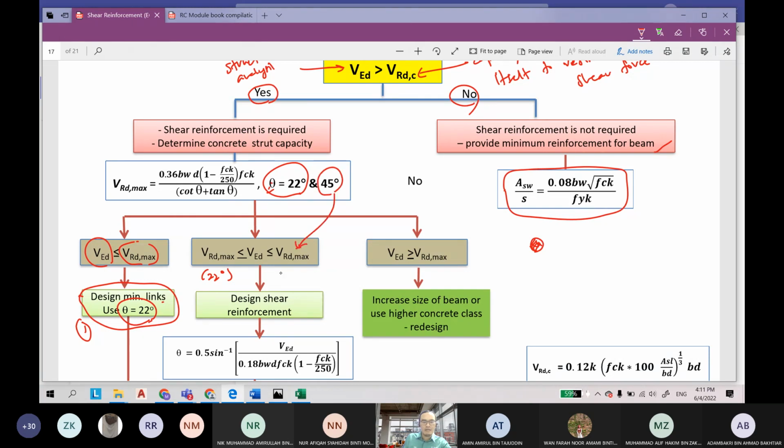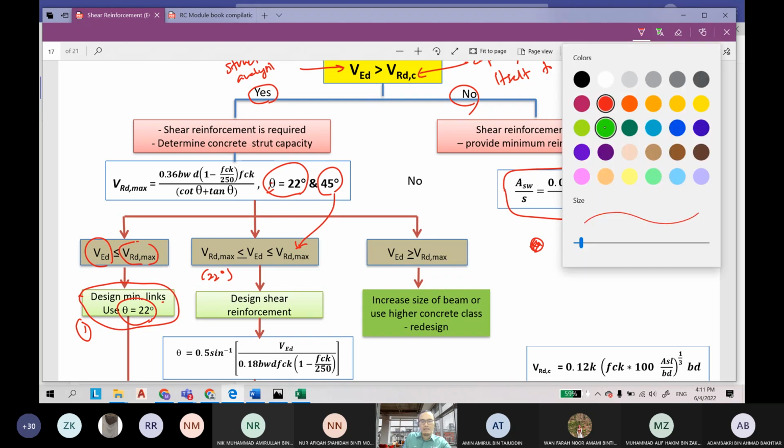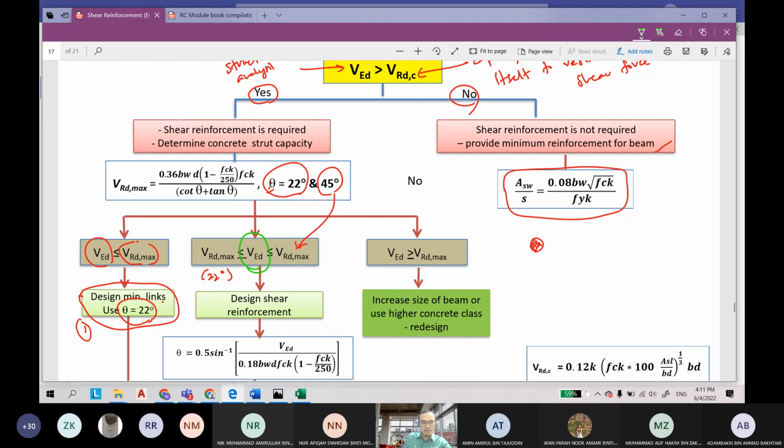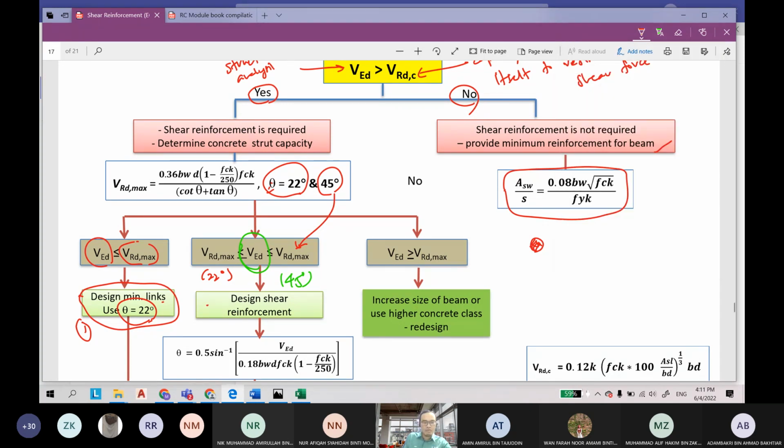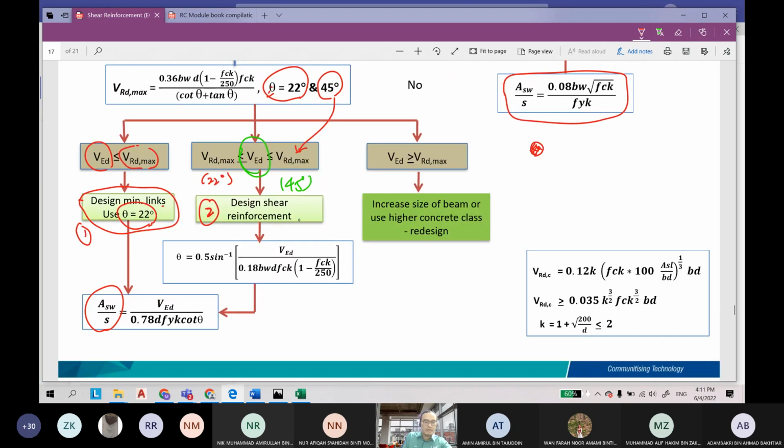If our VED is between 22 and 45 degree, we use option number 2 in designing the shear reinforcement, where we determine the new value of theta, and then use the new value of theta in order to determine the ASW over S.